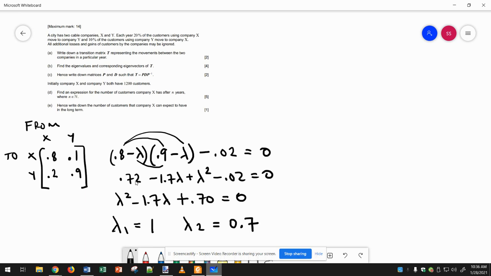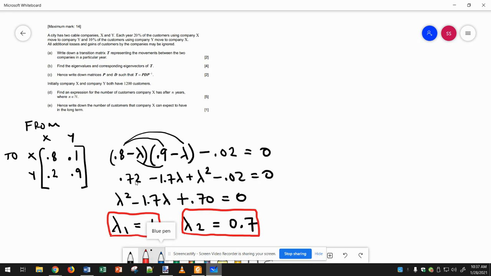This is the primary eigenvalue, and this is the secondary eigenvalue, so that should be the smaller number. That's how they're going to want you to do it on the final exams. The examiner is going to expect the bigger value to be lambda 1, the smaller value to be lambda 2.